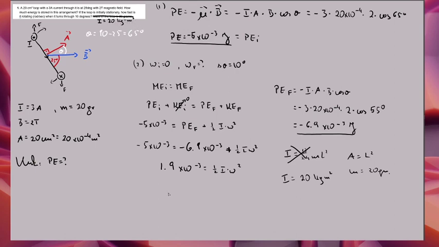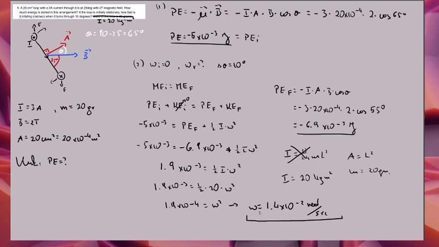So we're going to be given a substantial moment of inertia, and we end up with 1.9 times 10 to the negative third equals half times 20 times omega squared. That's just, of course, 10. You divide this thing by 10, you end up with 1.9 times 10 to the minus 4th equals omega squared. And so out of this, we get omega, which is 1.4 times 10 to the negative second radians per second. That would be the speed, and so this will do.